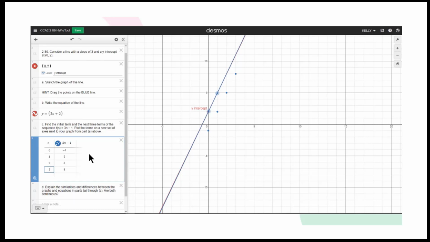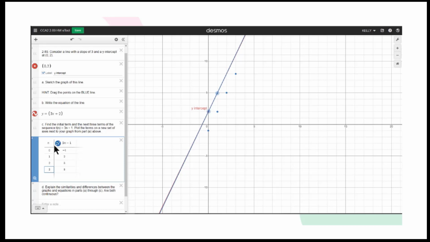So what we would say is this particular graph, and this is answering part D, explain the similarities and differences. Similarities is they look linear. Differences are that y equals 3x plus 2 is continuous, and this part C is discrete. It's only for a certain number of points, and that's all they've asked us for in that particular graph.